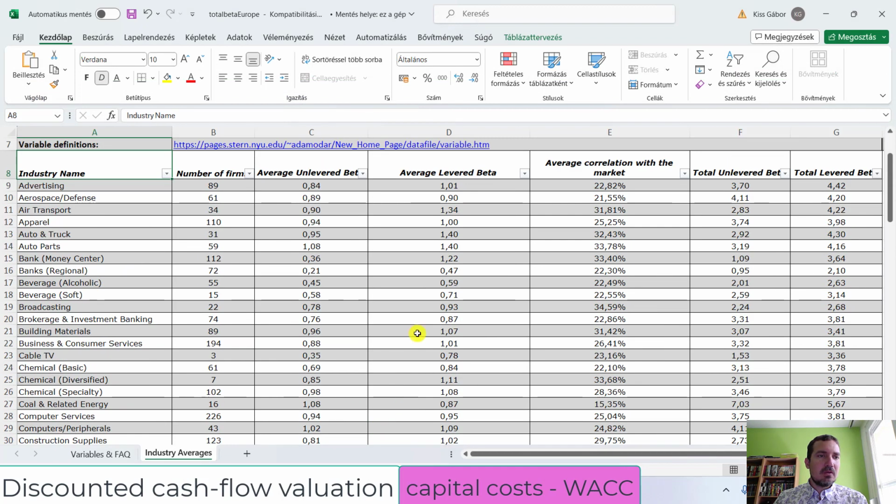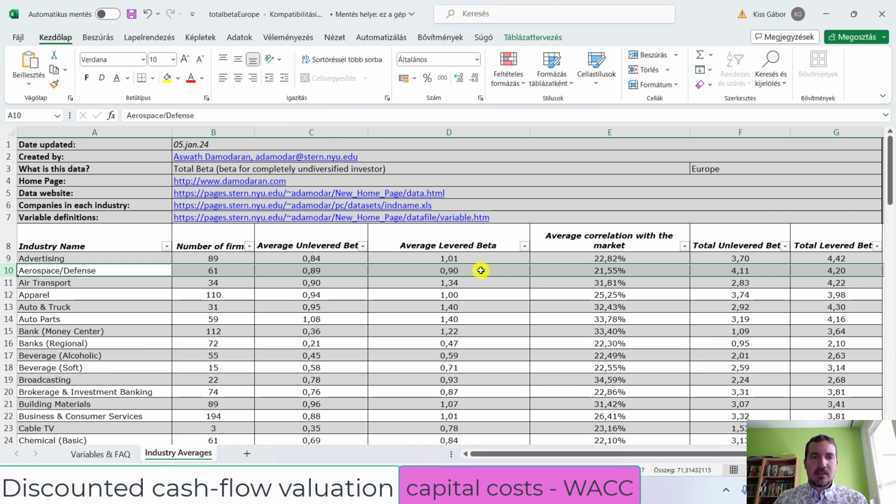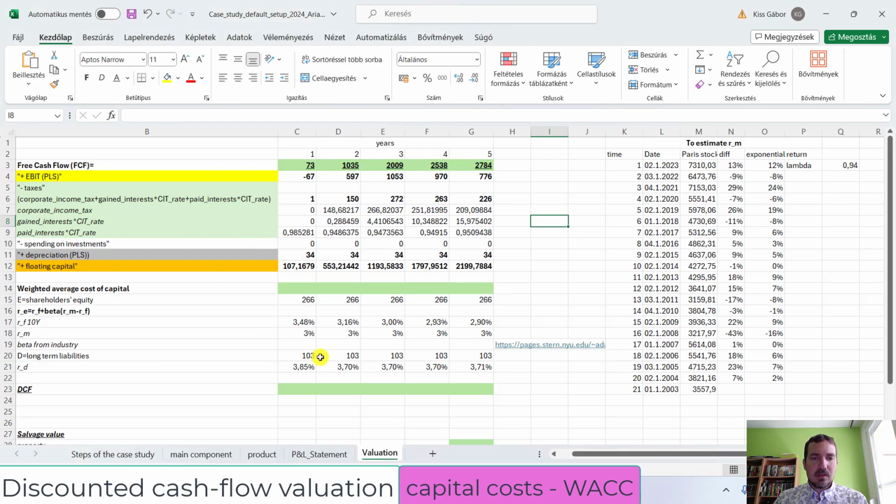Then we can go for aerospace defense, and let's check average levered beta. There is not much difference, but let's look for the highest number here. So, yep, beta from industry is this one, and for the core.